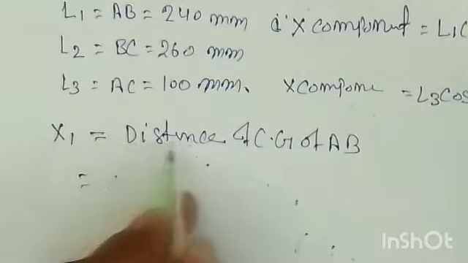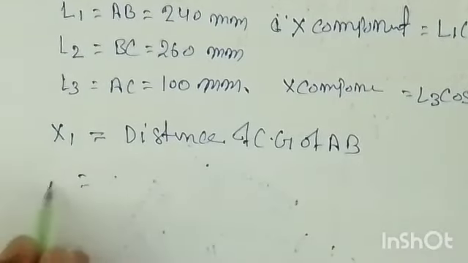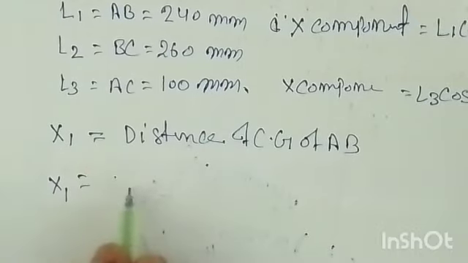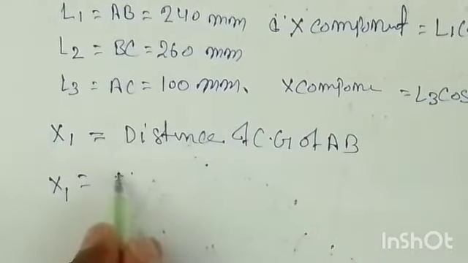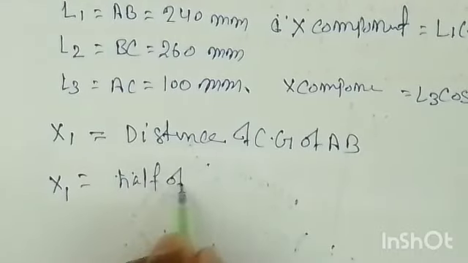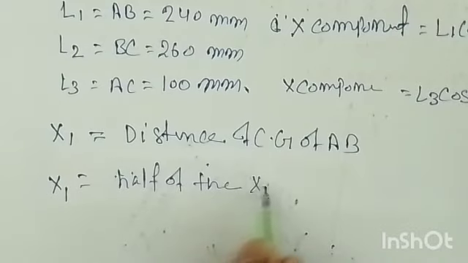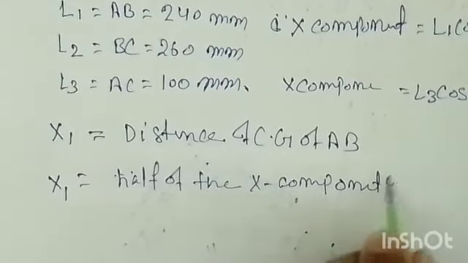So x1 is the distance of the center of gravity of AB. So x1 is equal to half of the x component of AB.